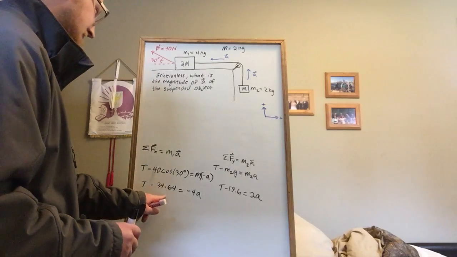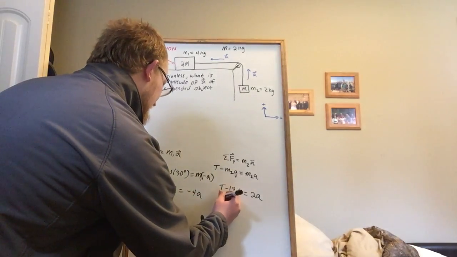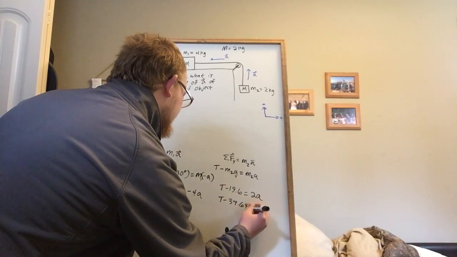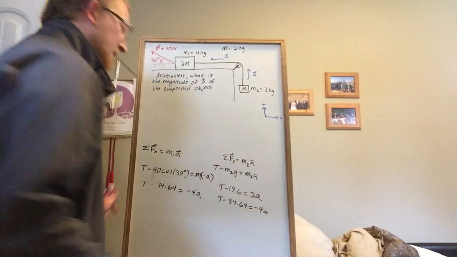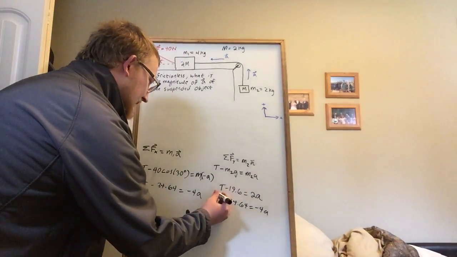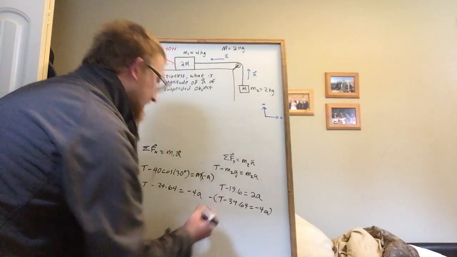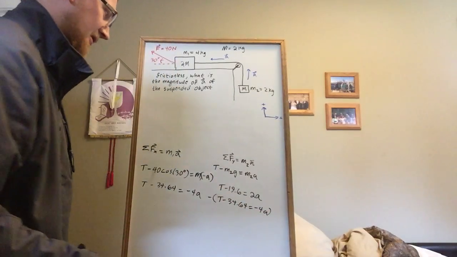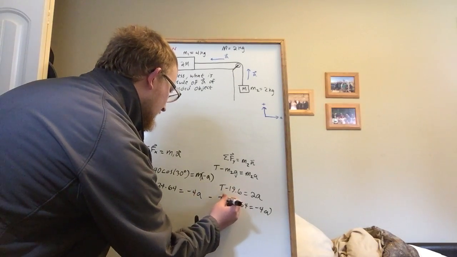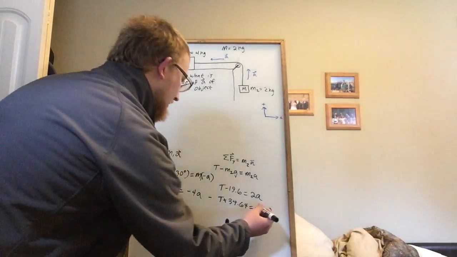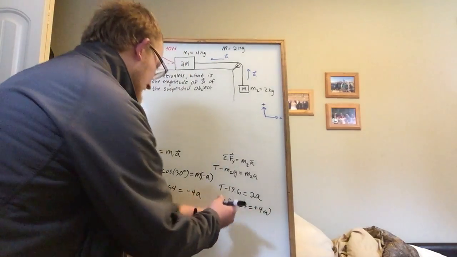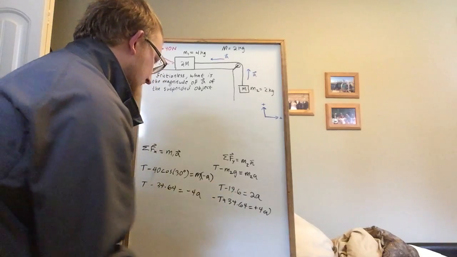I'm going to write this equation underneath the other one, and I want to cancel my T's because I want to solve for my a's. To do that, I'm going to have to factor in a negative to every term here. When I factor that in, I get a negative T, a positive 34.64, and a positive 4a. Now we can add these two terms together.